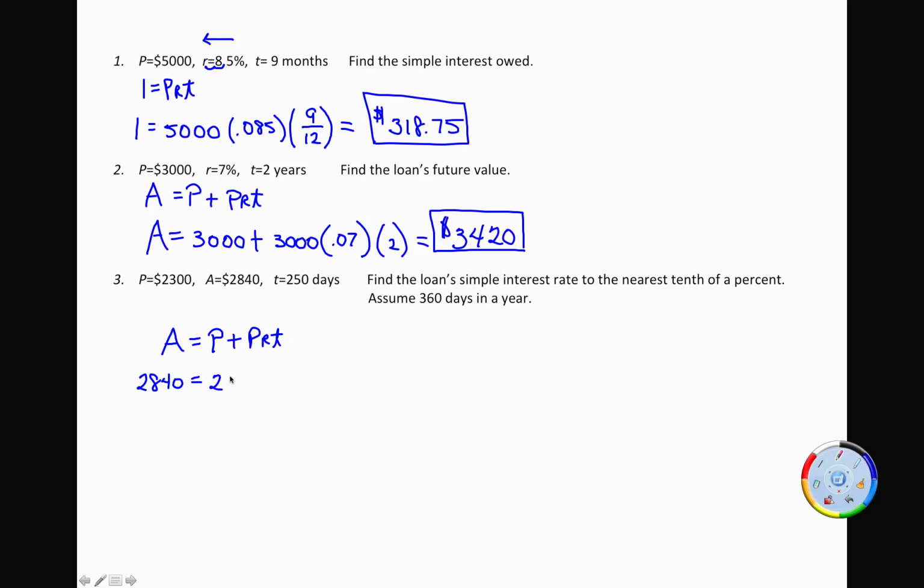The principal is 2,300 plus, again, the principal is 2,300, but I don't know what R is. The interest rate is what I'm looking for, so I'm just going to leave this as an R. And time, 250 out of 360 days in a year.